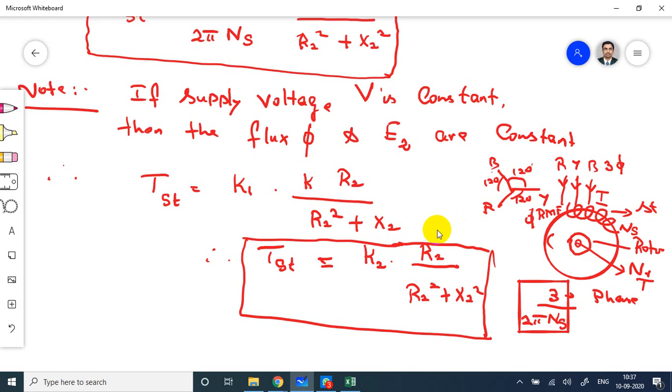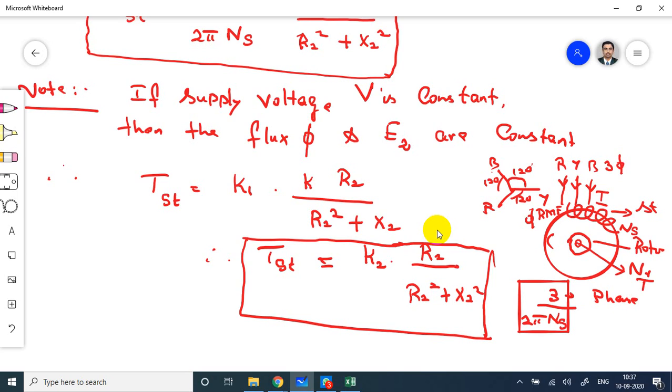So, in this lecture, you have understood the concept, the relationship between torque and power factor. In a DC motor, the power factor is unity, it will be 1, so you get only T directly proportional to phi into Ia. But in an AC motor, the power factor will be variable.